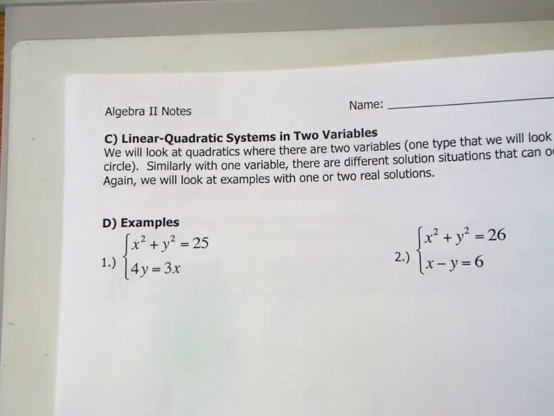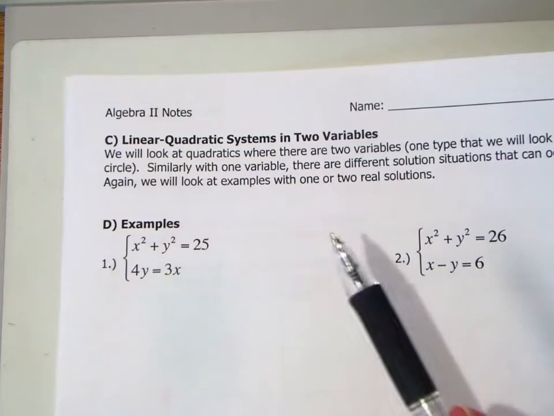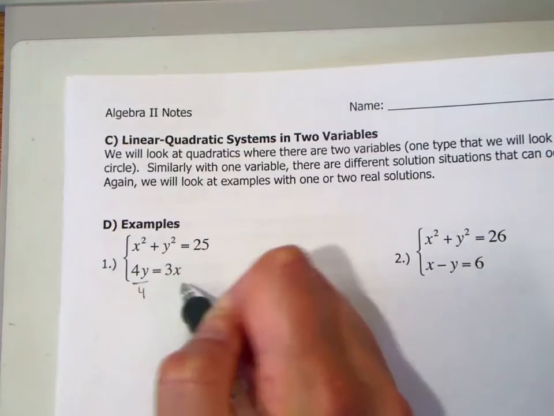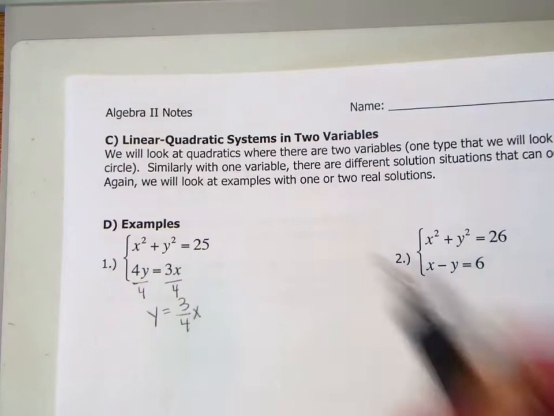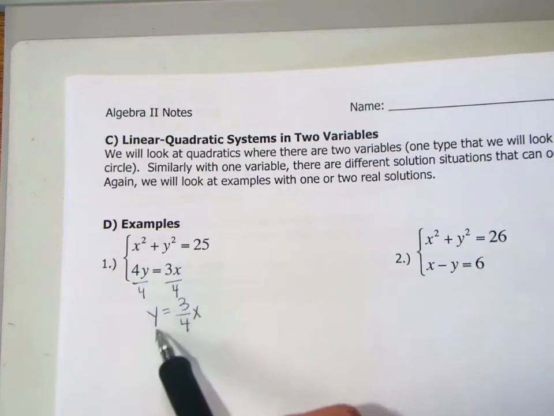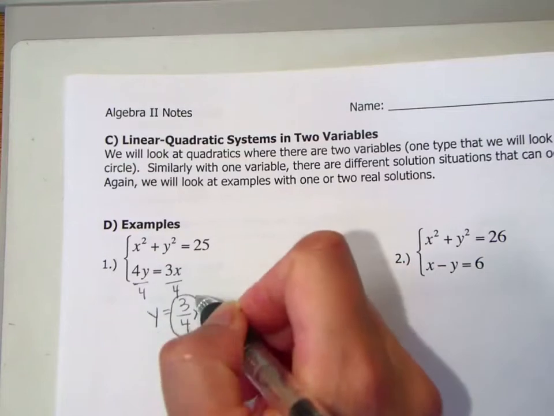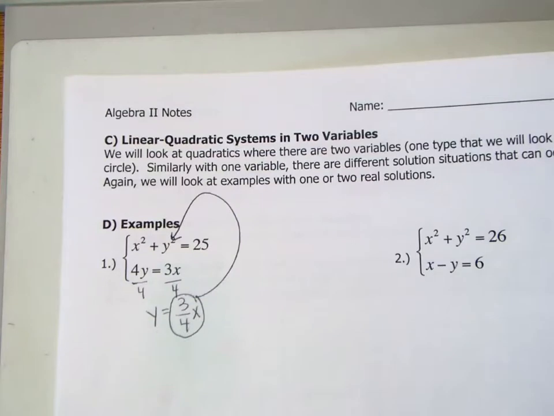Now, what I would suggest is that we solve this second equation for a variable. It could be x or y, it really doesn't matter. If we divide both sides by 4, we get y equals 3/4 x. Now that I have a variable by itself, I can take this quantity and plug it in for y.